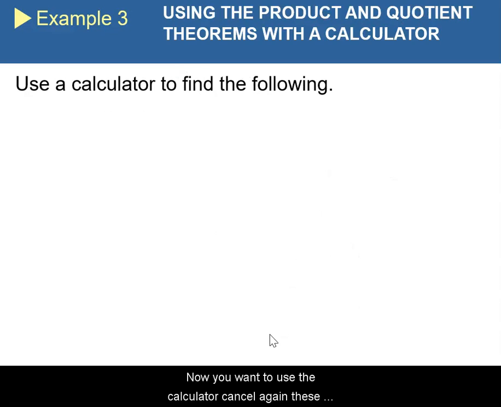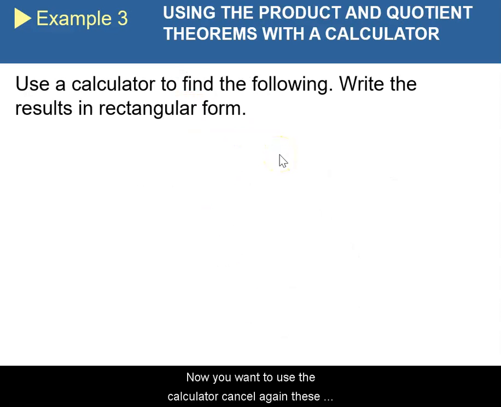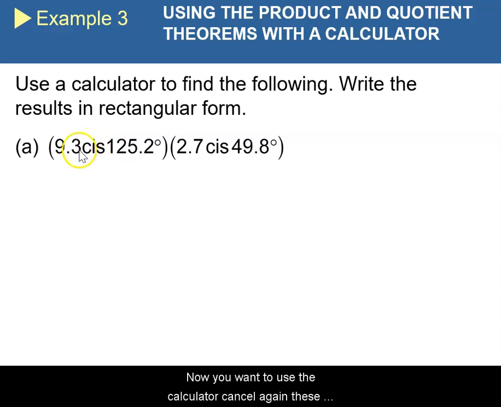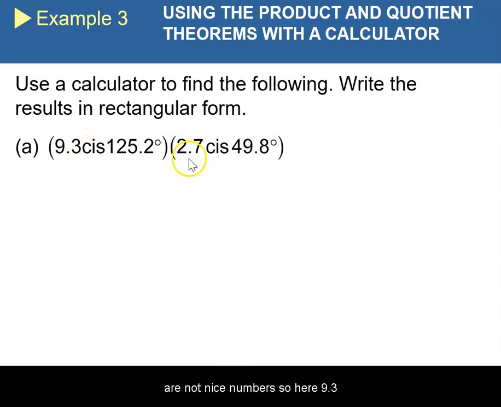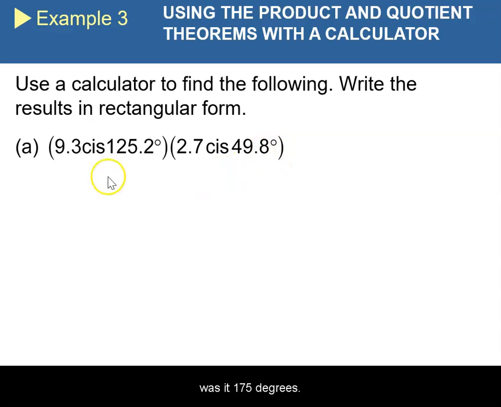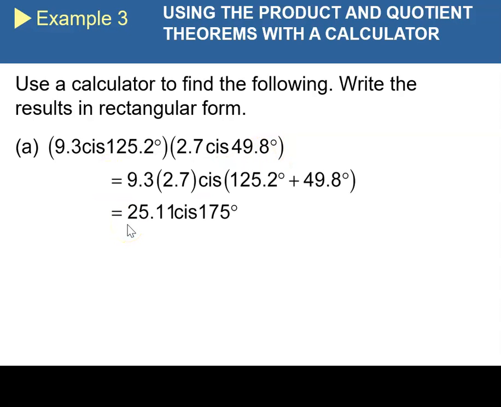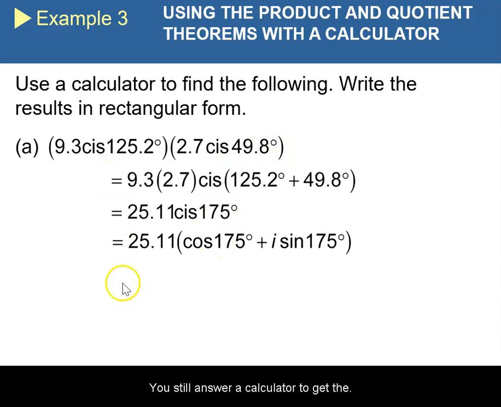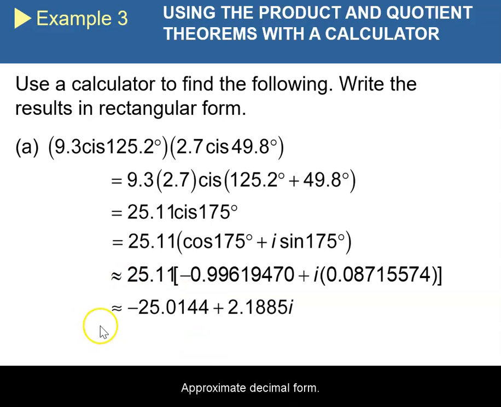Now we want to use the calculator. These are not nice numbers. Here 9.3 times 2.7 we can obviously do on the calculator, and then the cis of 125.2 plus 49.8, which gives us 175 degrees. We just throw that into our calculator to get the approximate decimal form for our real and imaginary values.